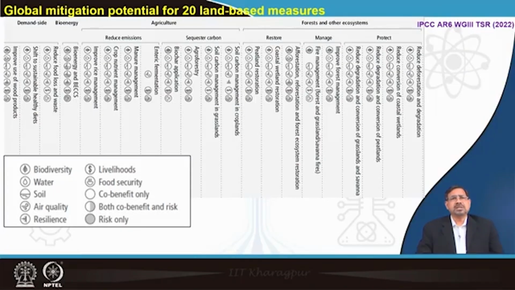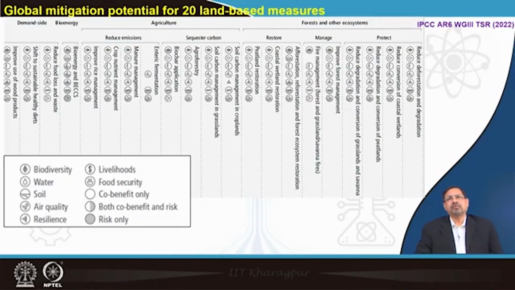And let us see with respect to the agriculture sector, as far as emission reduction and carbon sequestration is concerned, it is mentioned here: soil carbon management in croplands, soil carbon management in grasslands, agroforestry, biochar applications, and as far as reducing emissions is concerned, we have enteric fermentation, manure management, crop nutrient management, improved rice management.